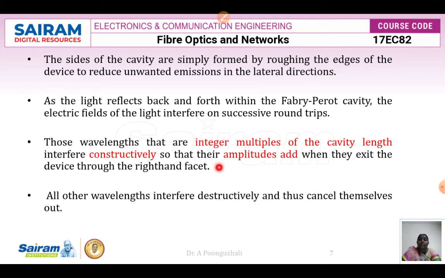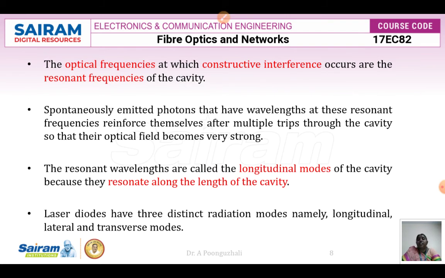Those wavelengths which are not integer multiples will interfere destructively and cancel themselves out. When the constructive interference is added up, the amplitudes will get added up when they exit from the device. So the optical frequencies at which constructive interference occurs are the resonant frequencies of the cavity.